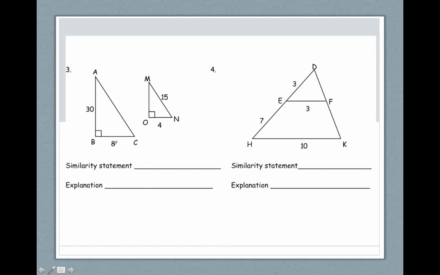Let's solve for this one. 4 squared plus MO squared equals 15 squared. 16 plus MO squared equals 225. MO squared equals 209, which is not a perfect square.